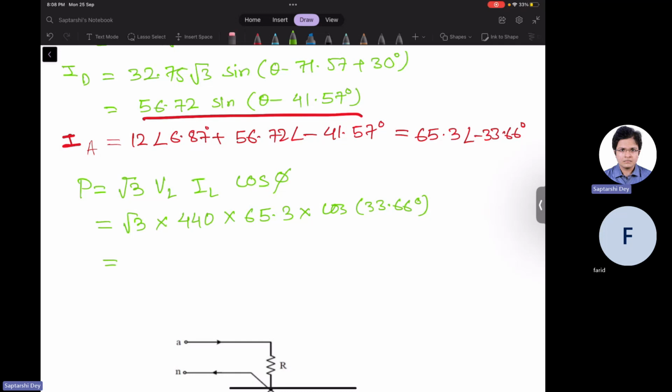Let's give somewhere around 41.42 kilowatt, and power factor is cos 33.66, which is 0.83 lagging. Whenever you are asked to find out power factor, you have to mention lead or lag also. Otherwise, that is not complete.